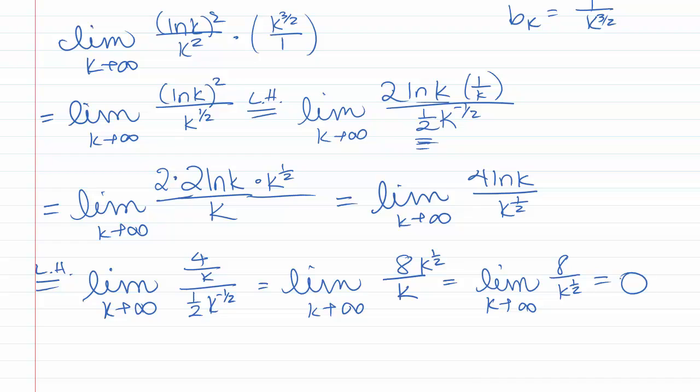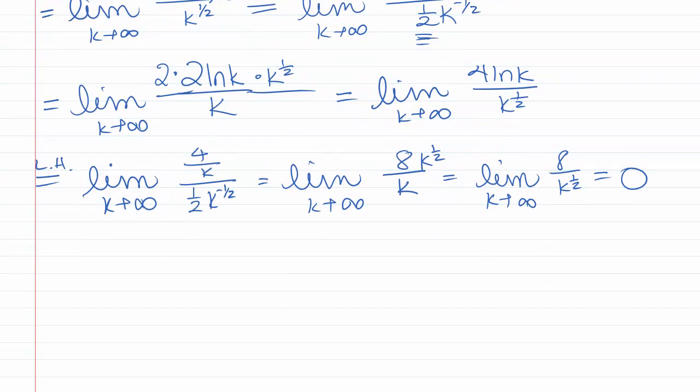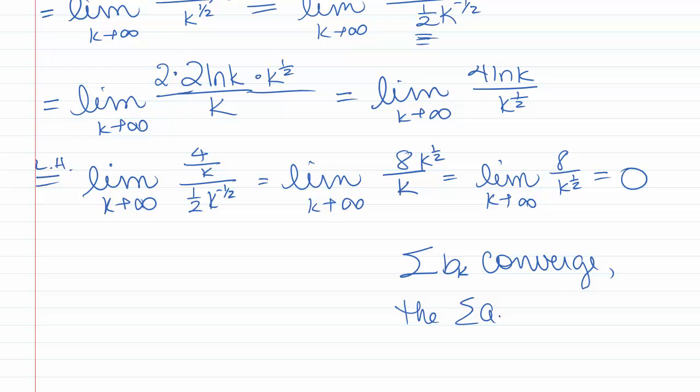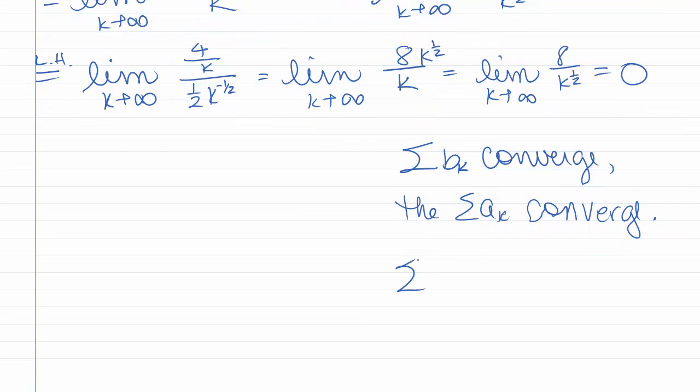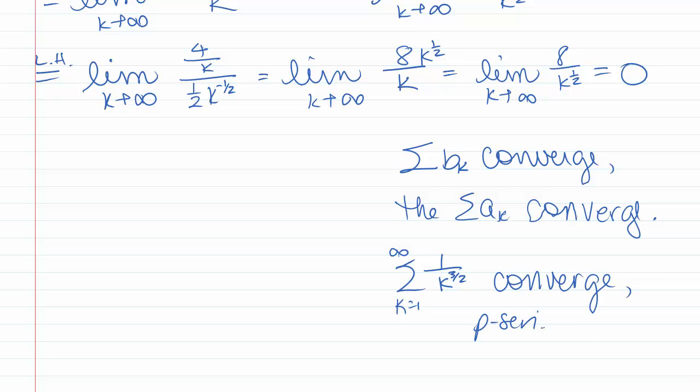Okay, now you're like, we've got 0 or infinity every time. How is this any different? Well, remember what we said about if you get 0. If you get 0 and the sum of the b sub k's converge, then the sum of the a sub k's converge. But the difference between this time and when we did 1 over k is that the sum of 1 over k to the 3 halves, k goes from 1 to infinity, does converge because it's a p-series with p equaling 3 halves.